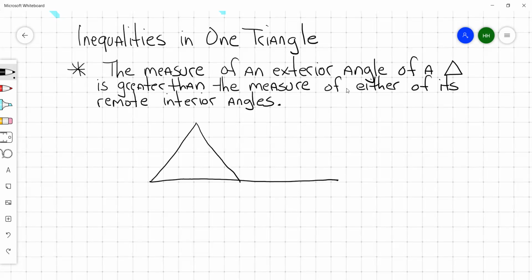We're going to call this angle 1 right here. And then we've got these other points, A, B, and C, that form this triangle.